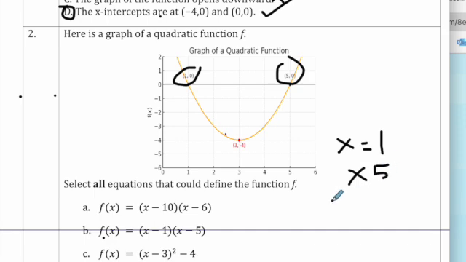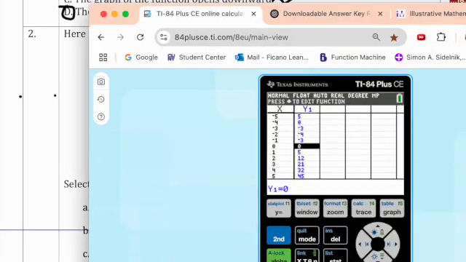So I know that I have to have something that looks like x minus 1 times x minus 5. Okay, this equation should be what I'm looking for. And I'm going to double check it here.